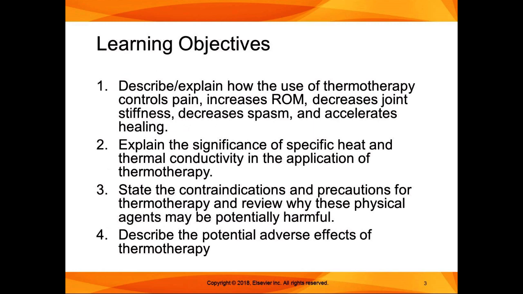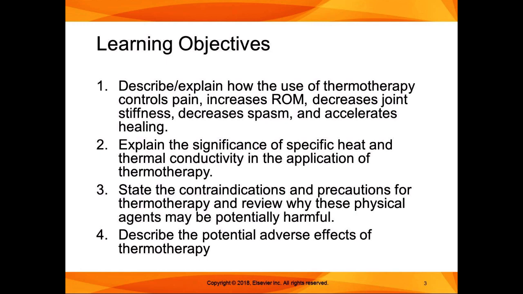So the learning objectives I have for you for this lecture are to be able to describe or explain how the use of thermotherapy controls pain, increases range of motion, decreases joint stiffness, decreases spasm, and accelerates healing. A lot of it has to do with circulation and just heating up of superficial tissues.